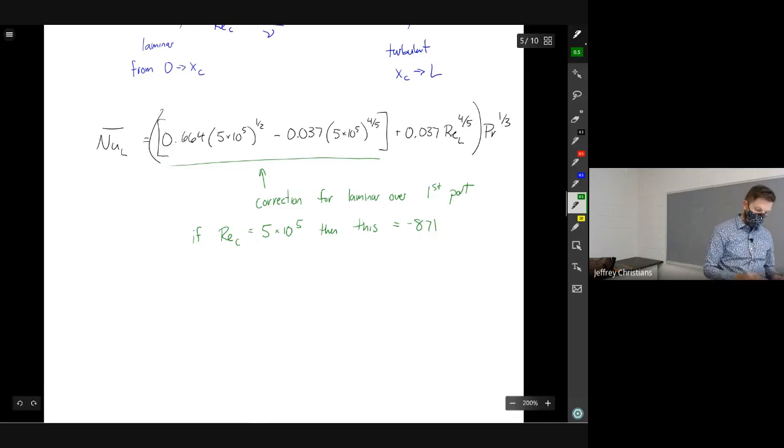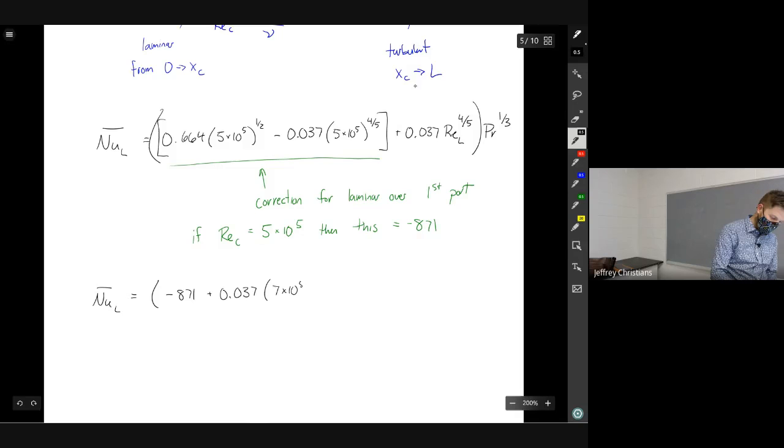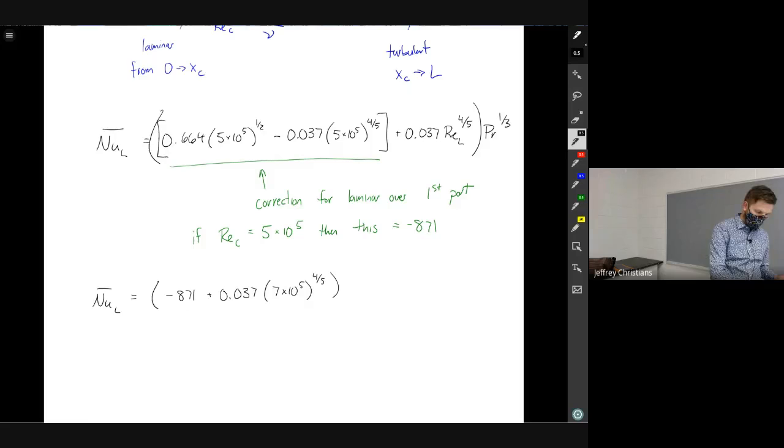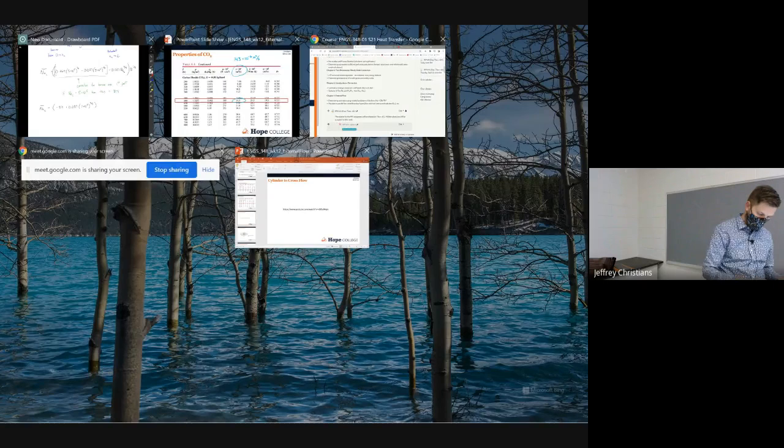So again, if we want to throw in some actual values for this, this equals negative 871, 0.037 times 7 times 10 to the 5 to the 4/5 times the Prandtl number. I don't think we have that written down, but we can go and look it up.